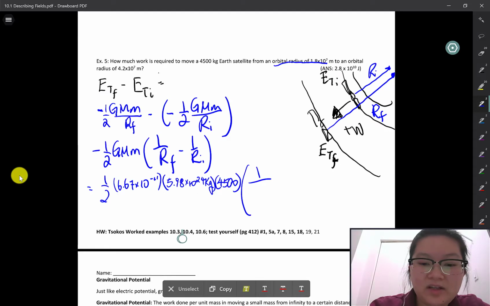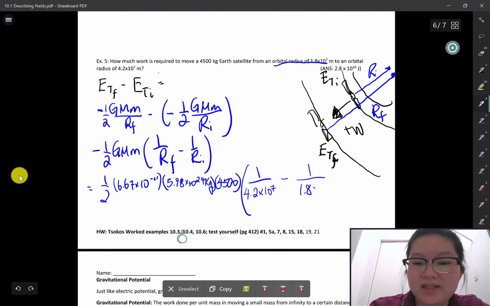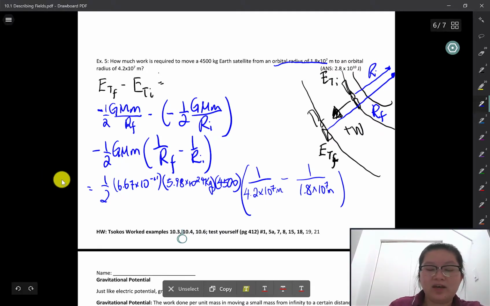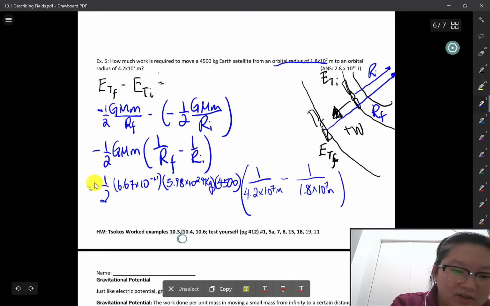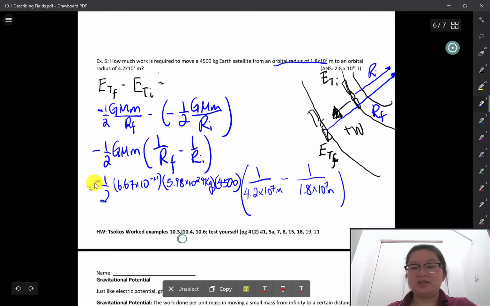The higher orbit is 4.2 times 10 to the power of 7. The lower orbit is 1 over 1.8 times 10 to the power of 7. Notice that we have a smaller number here, so this whole term will be negative. And I forgot my negative here. This will make the whole thing positive once it comes out. So let's see if it does.